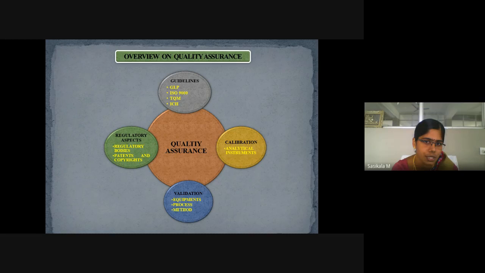GLP is good laboratory practice. ISO is International Organization for Standardization, 9000 standards. Then total quality management, then ICH is International Conference on Harmonization. Apart from the 4 standard guidelines, ICH is the most important one since it prescribes all analytical principles to study all quality and safety guidelines.